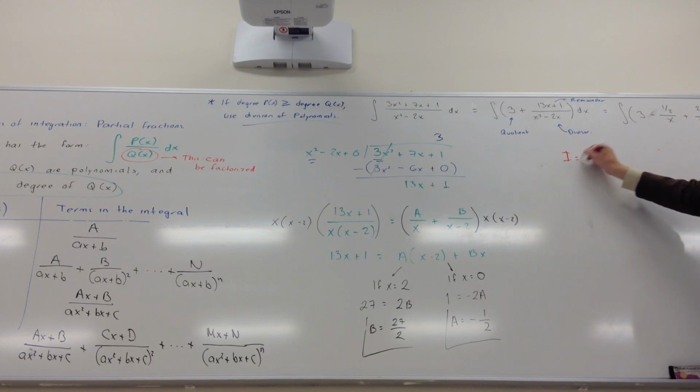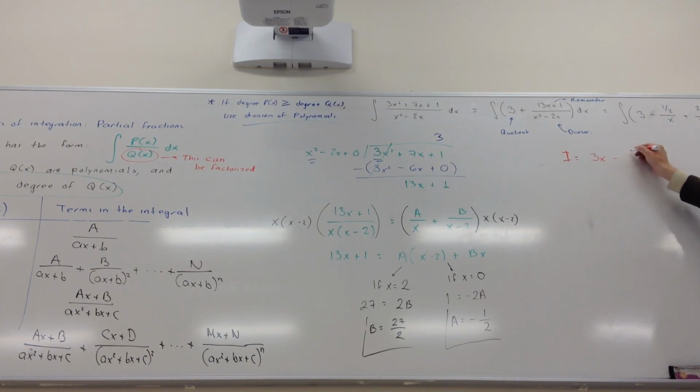Final solution. Integral of 3: 3x minus 1 half ln of x plus 27 halves ln of x minus 2 plus C. You can leave it like that.